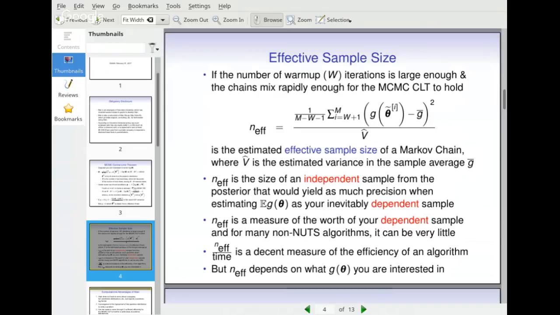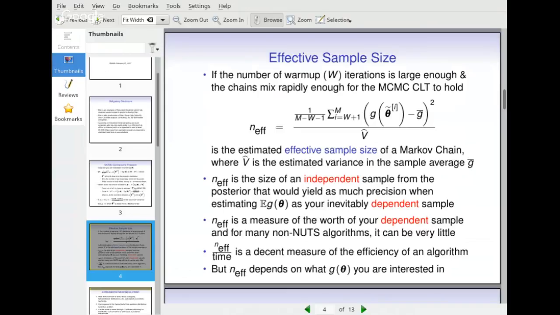So again, this relies on some non-trivial conditions. The number of warm-up iterations has to be large enough for Stan to do its thing. And the Markov chain has to move through the sample space sufficiently rapidly, in a sufficiently efficient way, with minimal numerical error, etc., such that the Markov chain Monte Carlo central limit theorem I talked about on the previous slide actually holds.